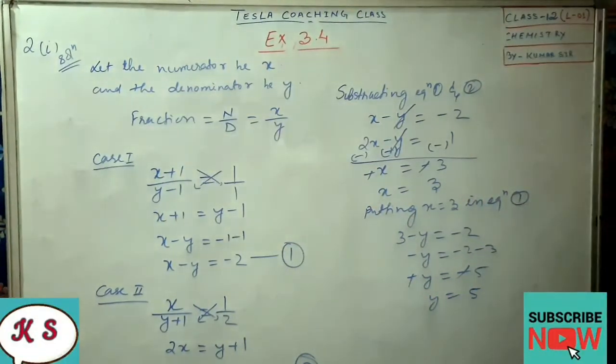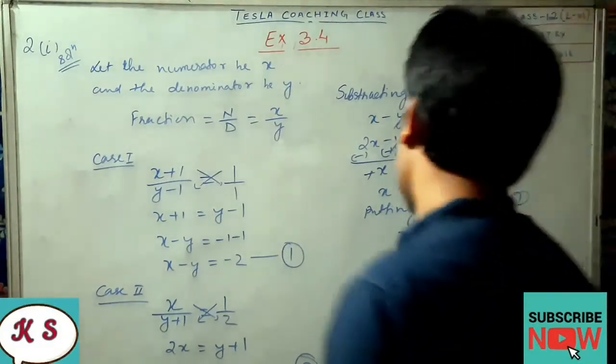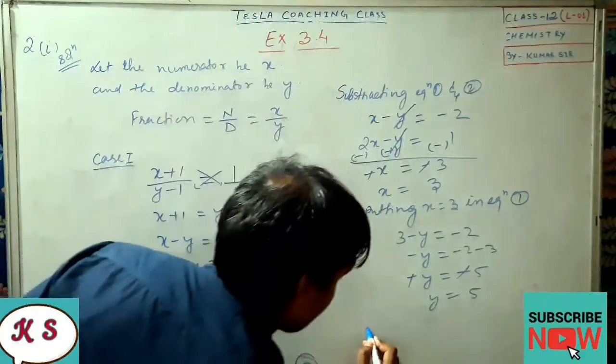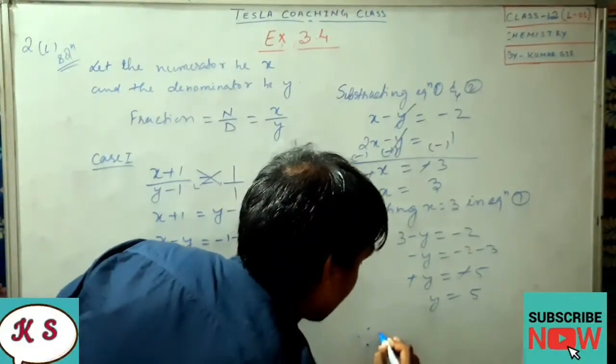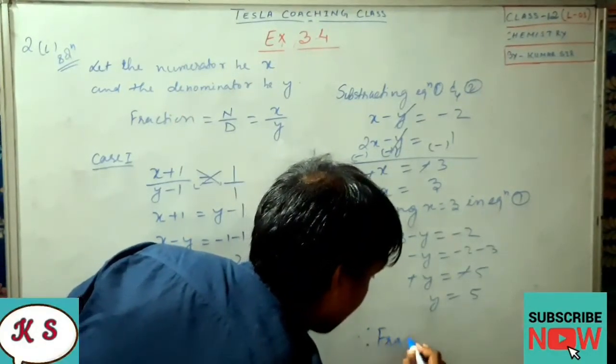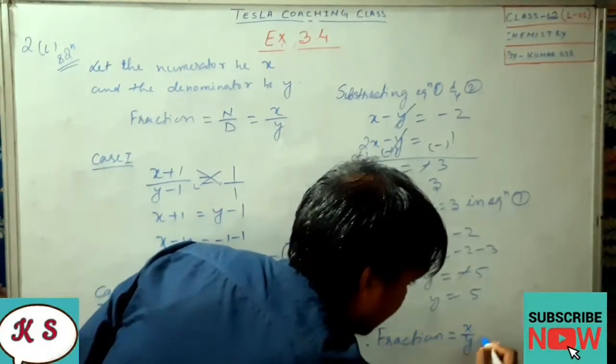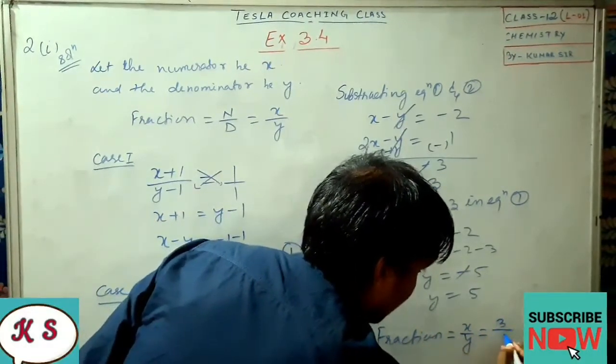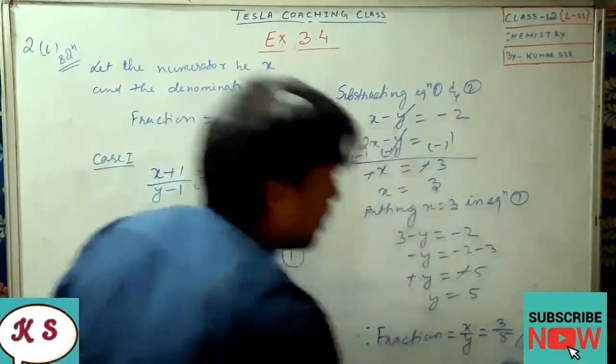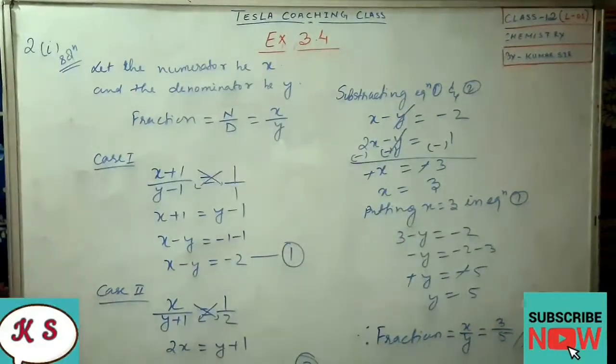So we got y equal to 5 and x equal to 3. Therefore, fraction equal to x by y. The x value is 3, the y value is 5. So this is your answer. Okay students, take it down.